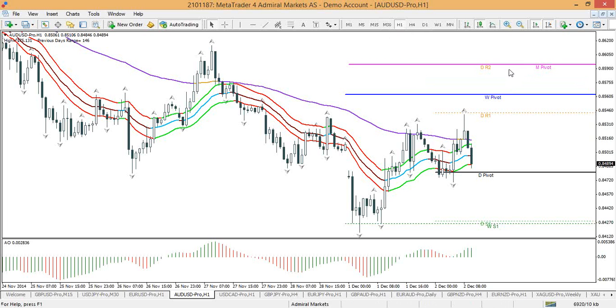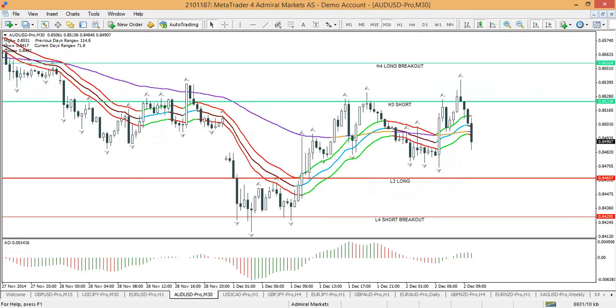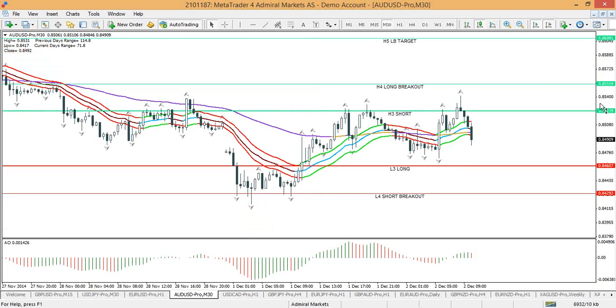Let's see, at 86 we have a daily R2, a monthly pivot point. We have an H5 target as well. Price didn't manage to push through H3, it actually reversed from H3. So we're stuck in between H3 and L3.